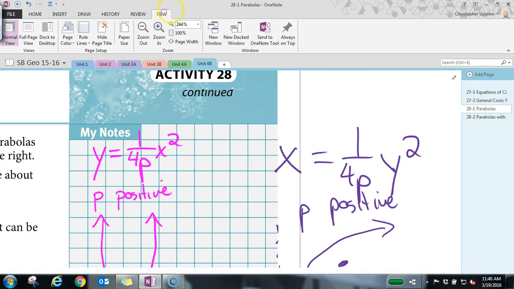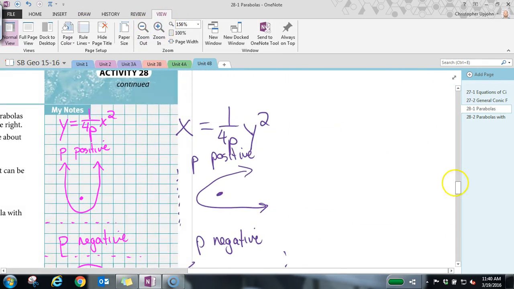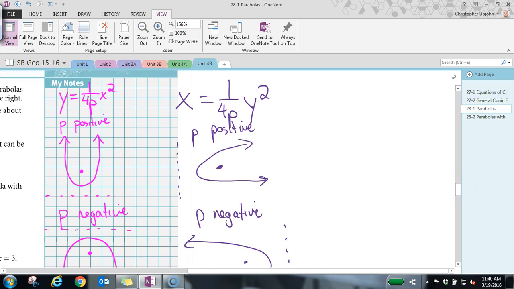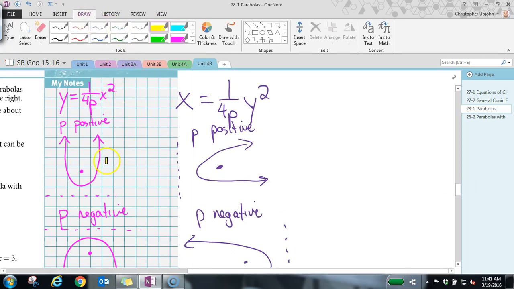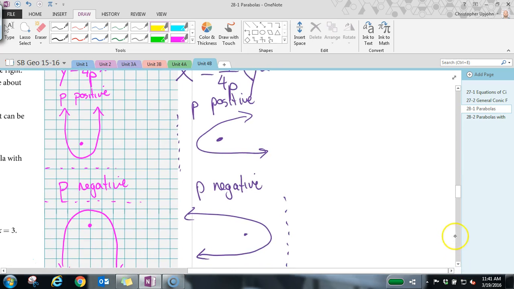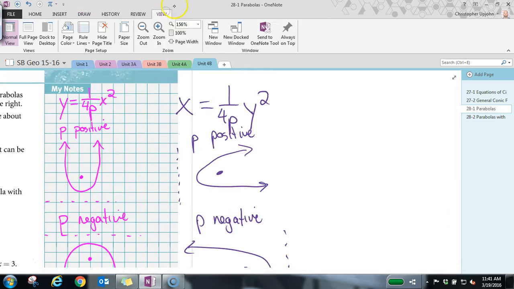Now, what's important here is if it's y equals, well, our directrix is going to be y equals, so we have horizontal lines, so our parabola is going to be either opening up or opening down. If we have x equals, then we'll have a directrix of x equals as well, and our directrix will be vertical.